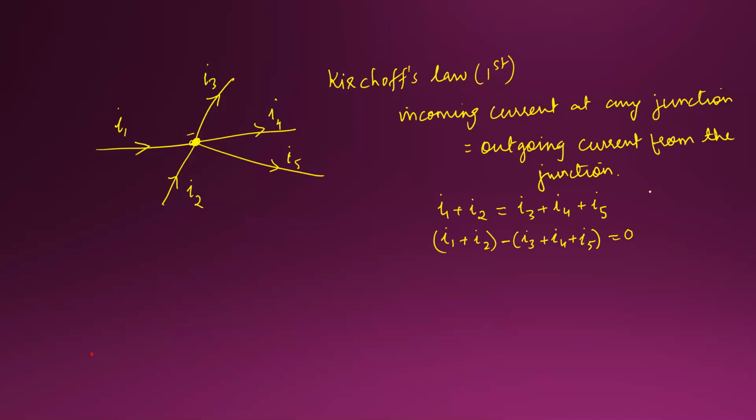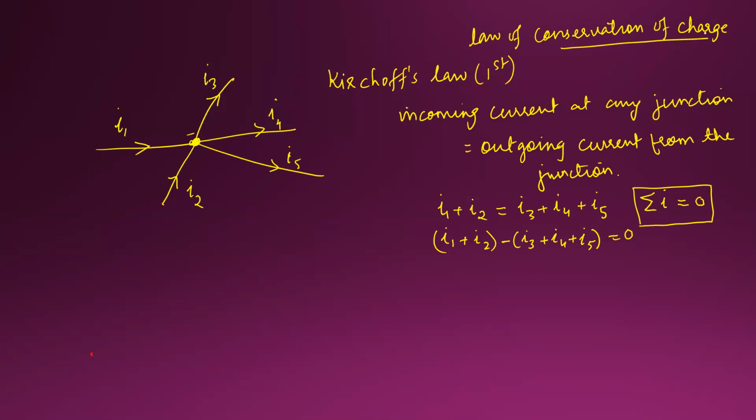That means the summation of all the incoming and outgoing currents will always be 0. This is Kirchhoff's current law, and this law is based on the law of conservation of charge. It is a very important law which we use to distribute the current in the whole circuit or electrical network. This is the first law.